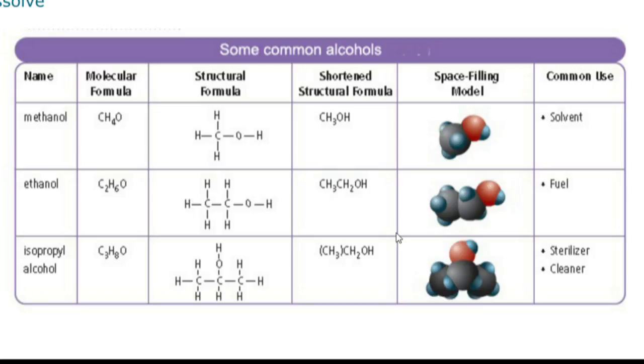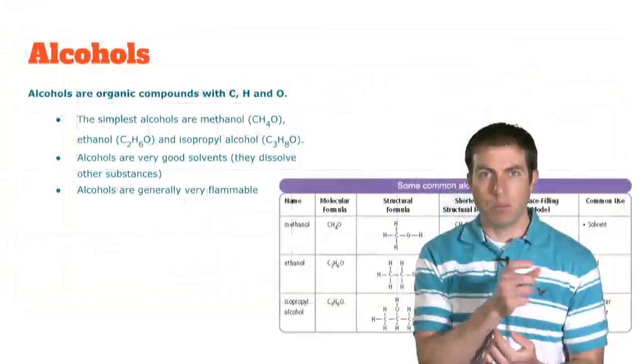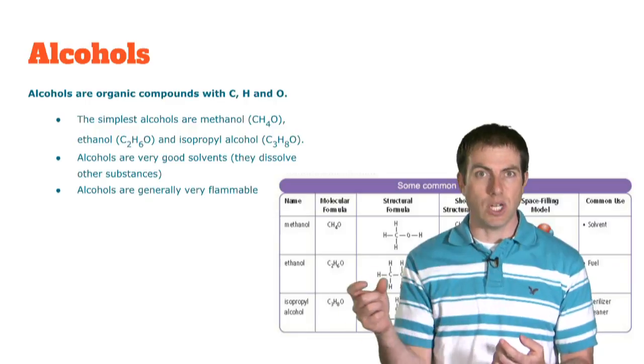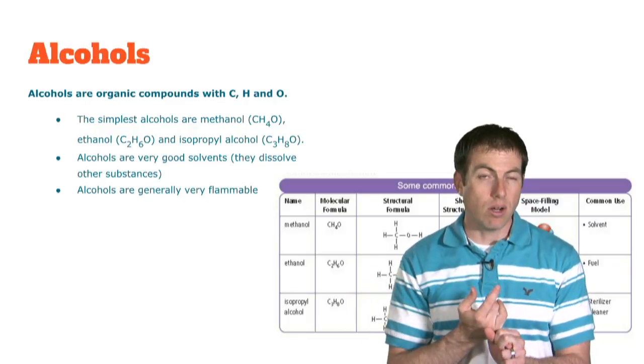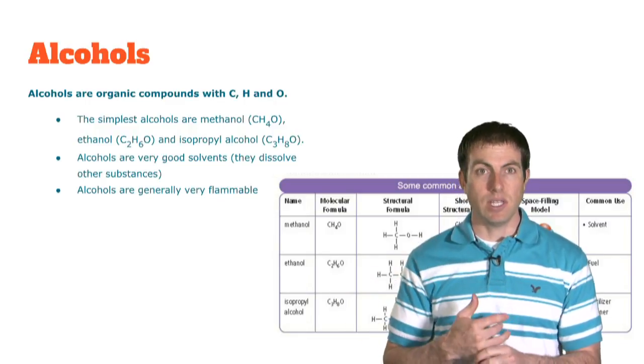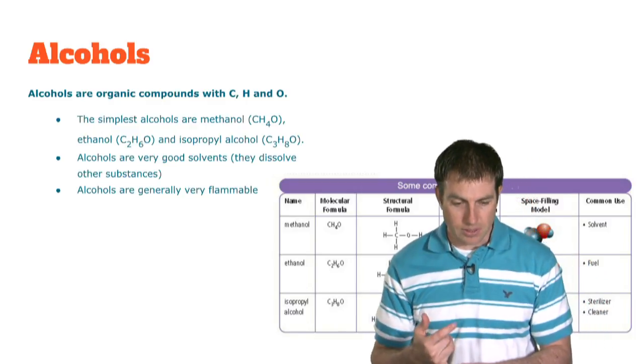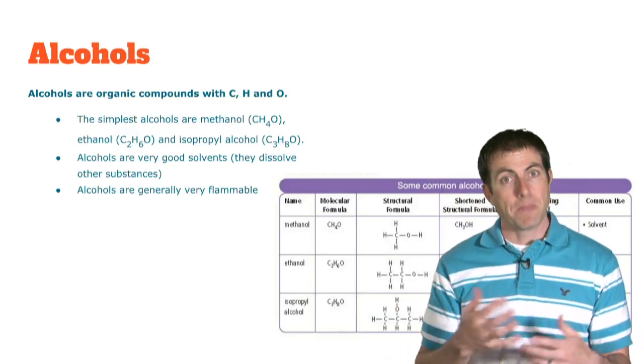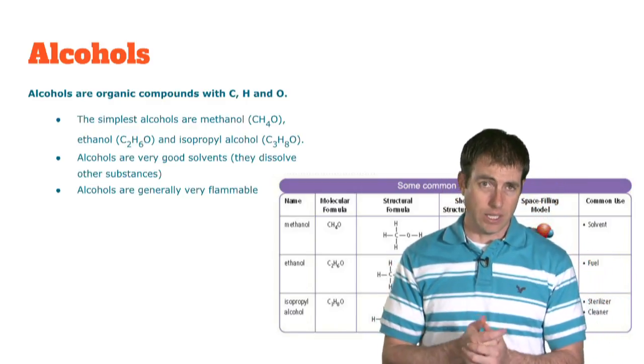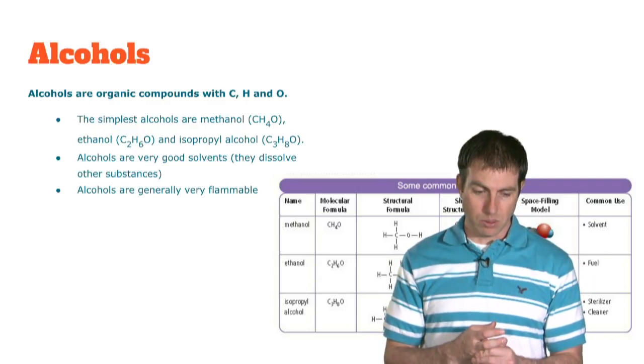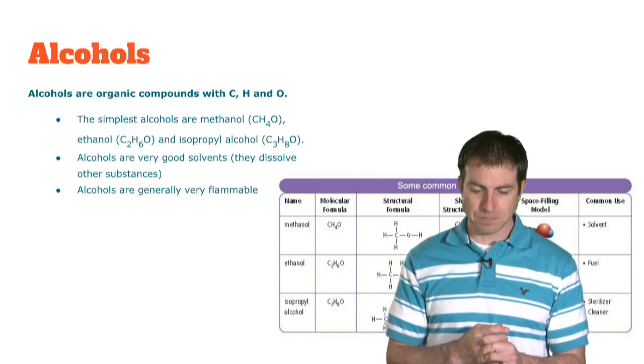This is where things get really tricky once you get into these bigger alcohol chains. It really depends on where you put the oxygen, the name changes. So isopropyl alcohol and propanol, although they have the same chemical formula, C3H8O, are different things. Isopropyl alcohol you use in your house, propanol you don't.